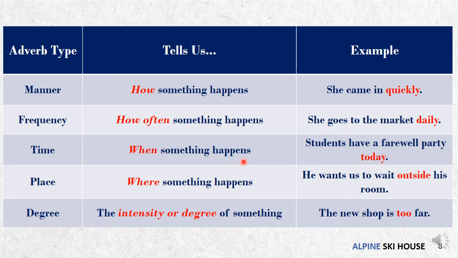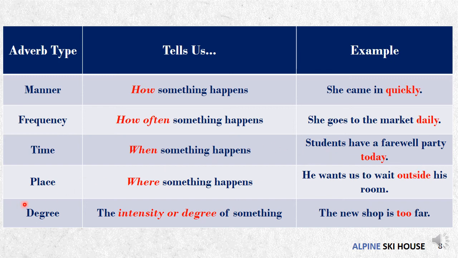So they will say, when did it happen? So you will be asking when something has happened. The example here says, students have a farewell party today. So when is it happening? What time is the farewell party? It's today. So it will tell us about the time.